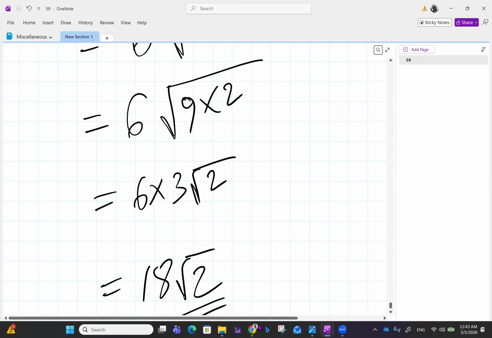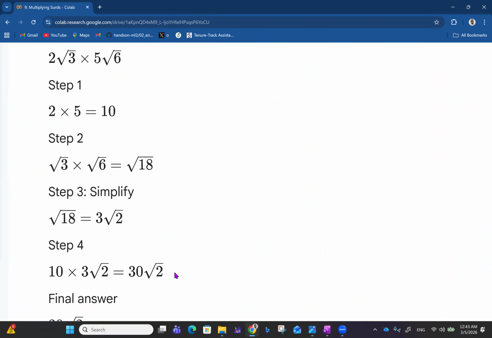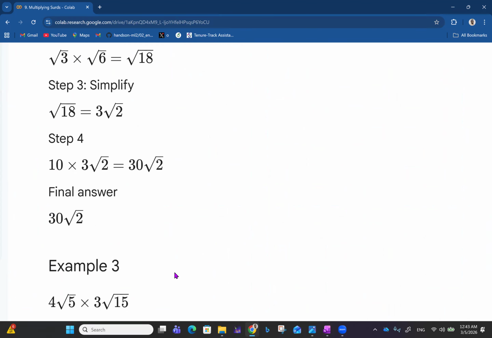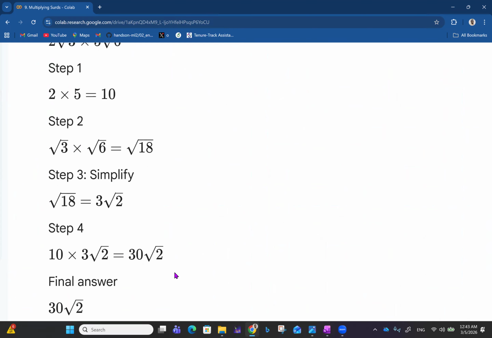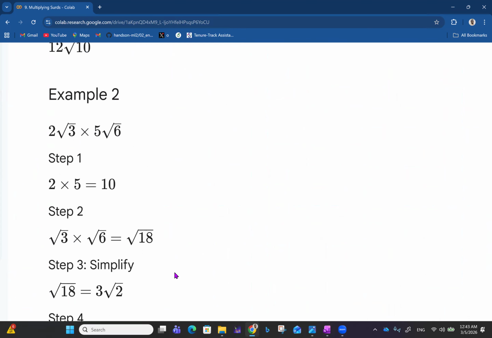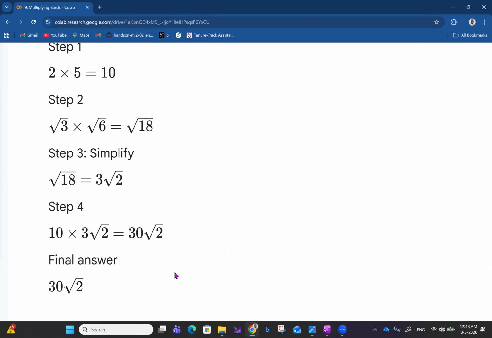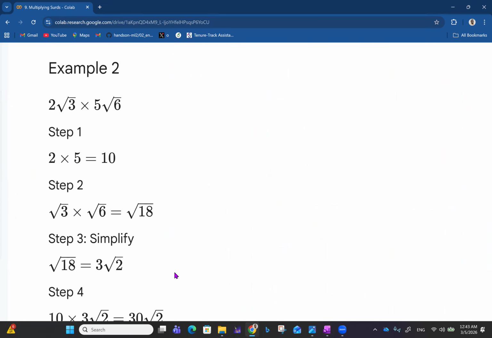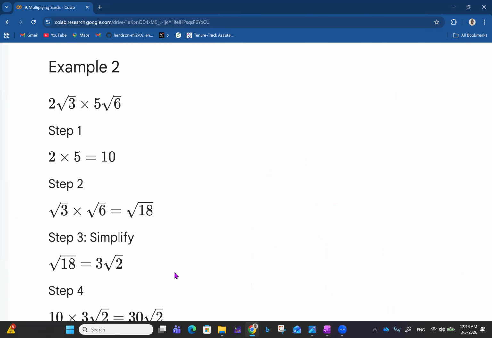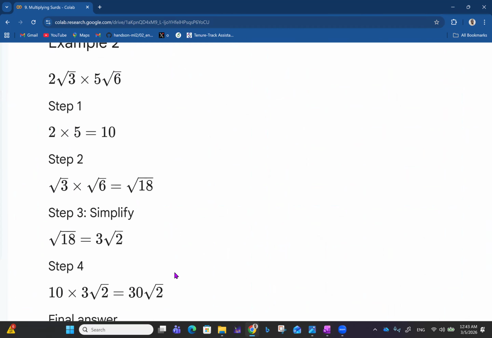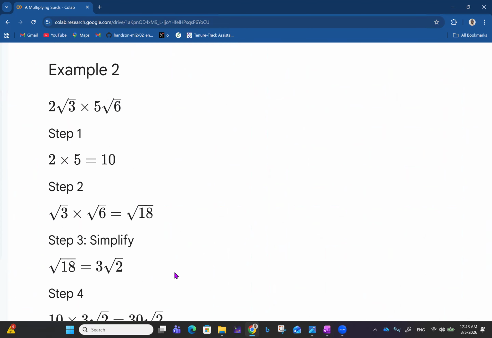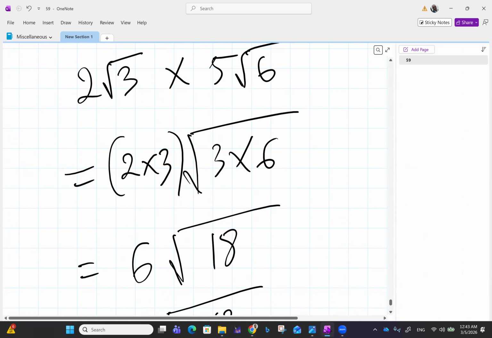So in this case now, we go on. Oh, what's wrong here? This is 10 root 18. I guess something is wrong. This is root 3 times root 6, that's root 18, and root 18 is 3 root 2. Maybe something is wrong with what I did.